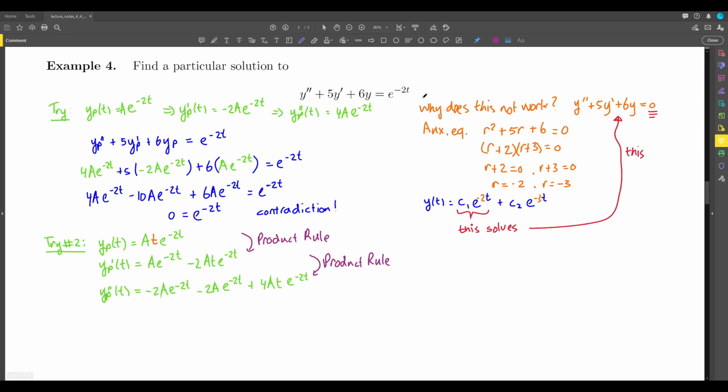So our differential equation that we need to satisfy is yp double prime plus 5yp prime plus 6yp, and that has to equal e to the power negative 2t.